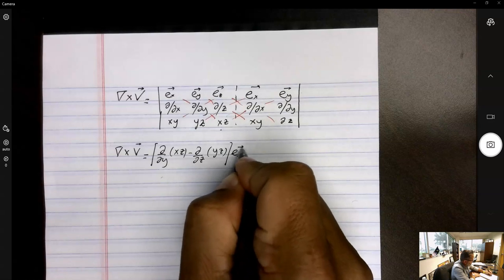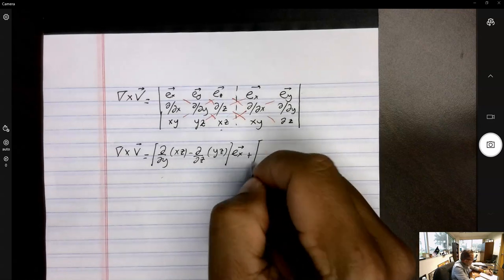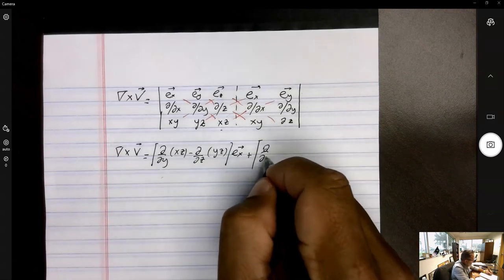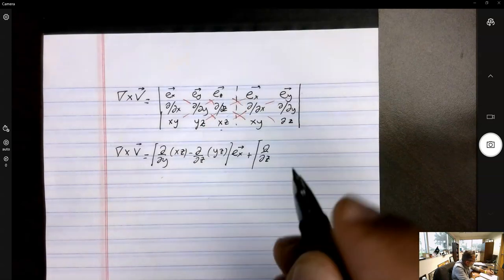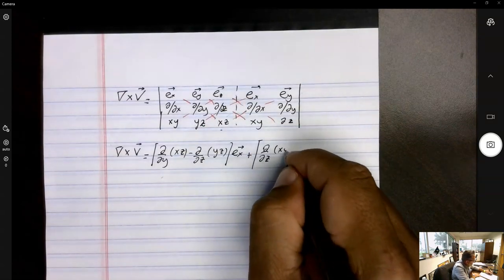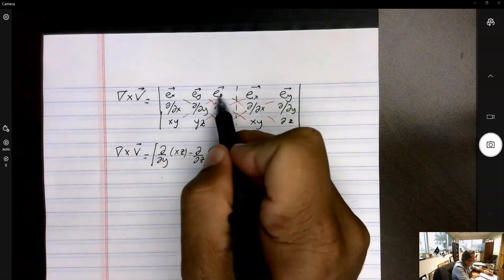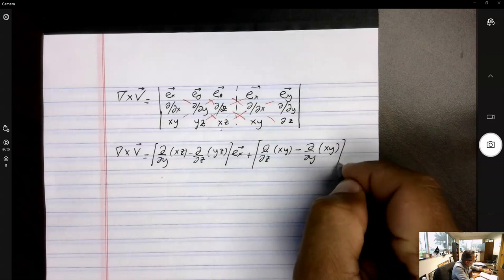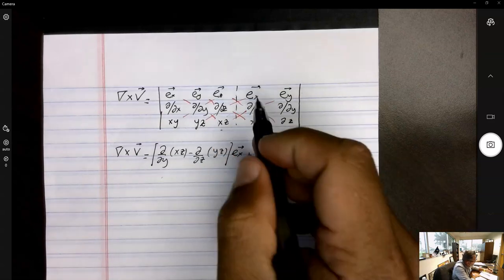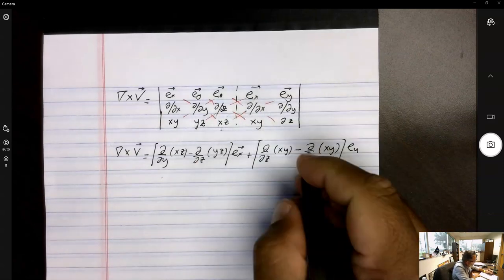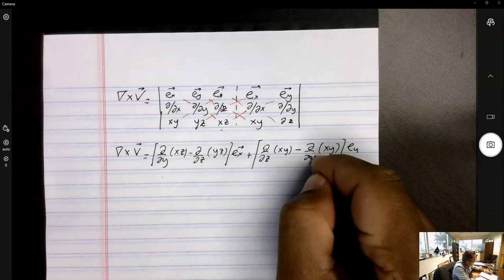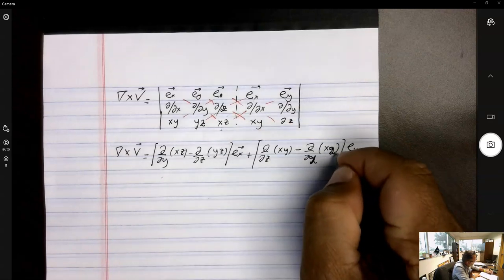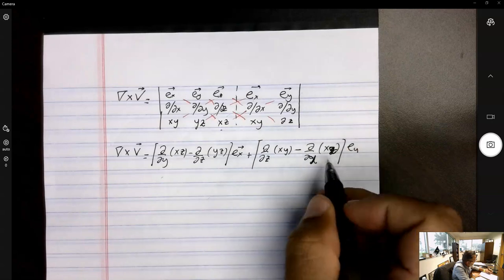in the x direction, plus in the y direction we have d dz of xy minus, if we go back in the z direction, we have d dy of xy. That's in the y direction; we have d dx of xz.